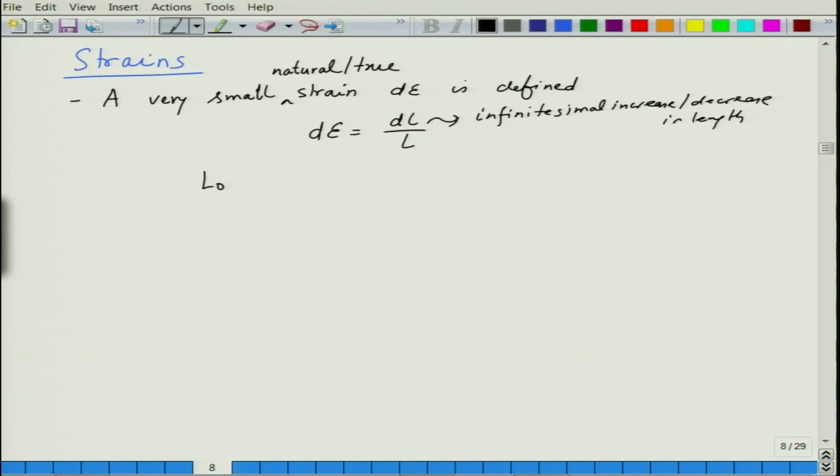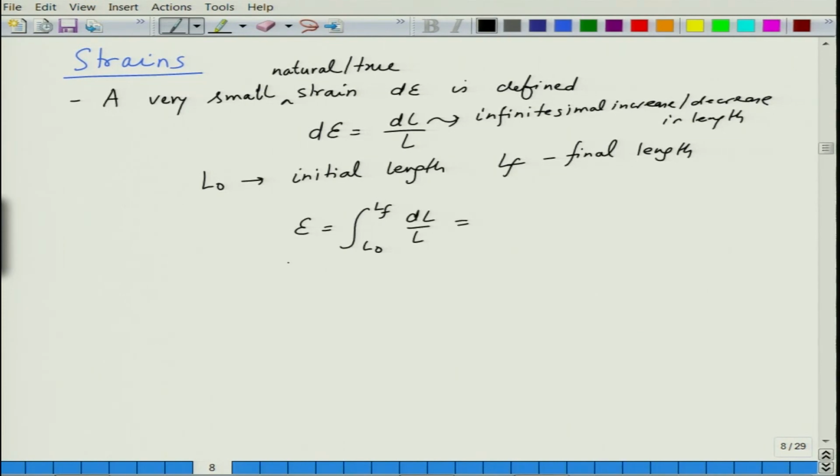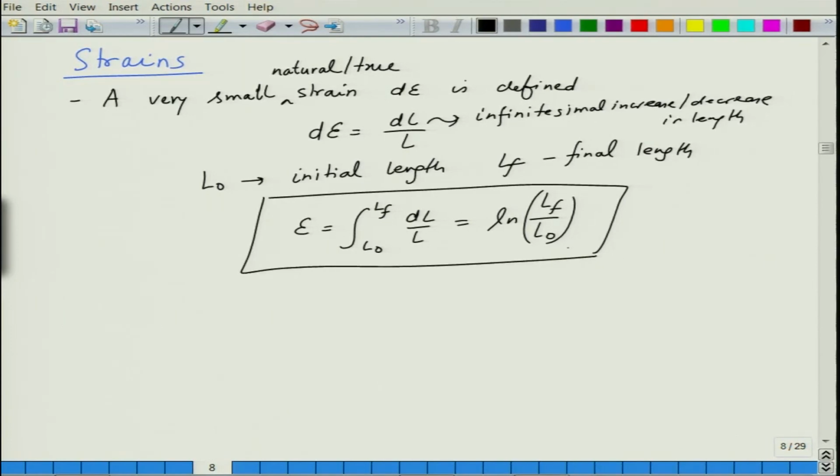So, let us say if L naught is the initial length and LF is the final length, then this is from L naught to LF dl by L. So, it is integrated from L naught to LF and we get a strain which is ln of LF divided by L naught. This is called true strain or natural strain.